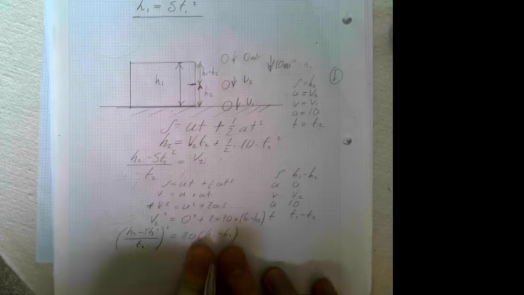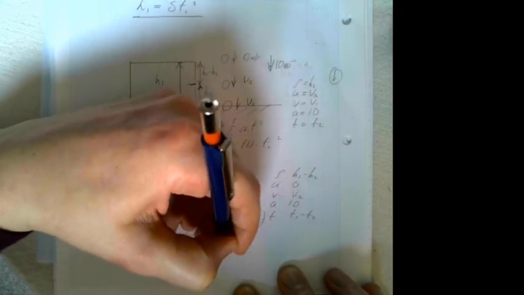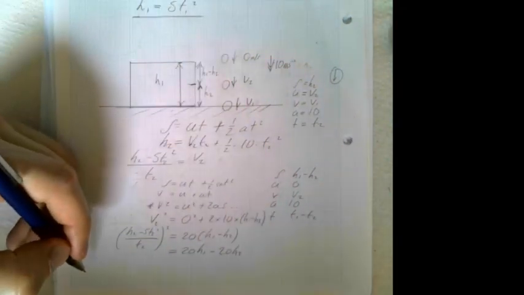And now all I need to do is to make H1 the subject of this. So if I expanded my right hand side out here, I'd get 20 H1 minus 20 H2. So if I now choose to add my 20 H2 and divide by 20, I'm going to have expressed H1 in terms of just H2 and T2.